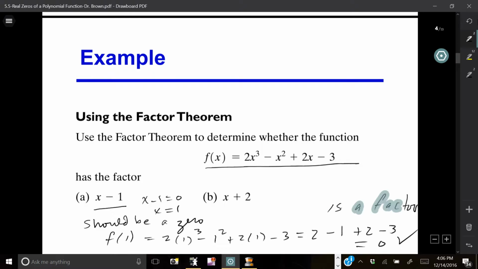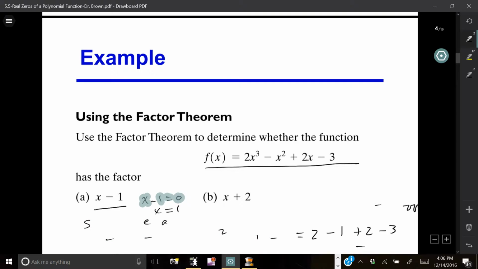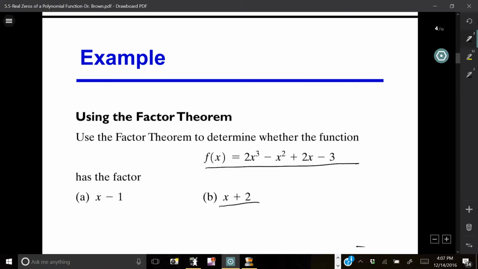Now let's check the other one. If x plus 2 is a factor, then x equals minus 2 must be a 0.